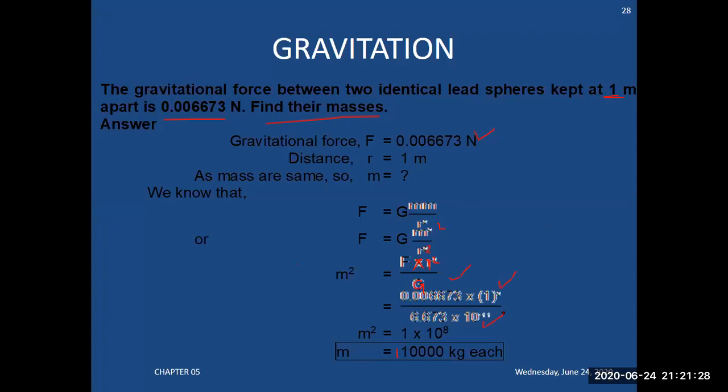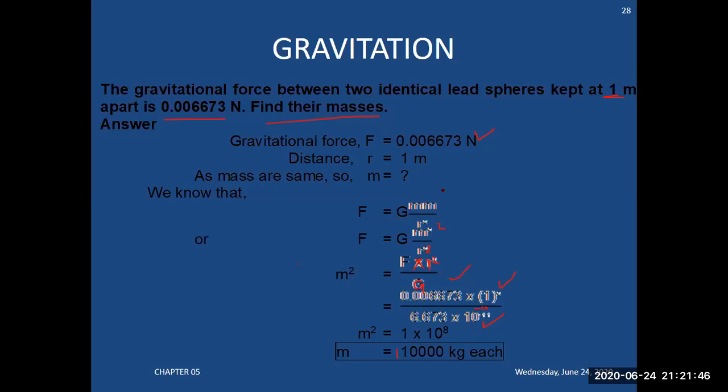The value of G is 10 raised to the power minus 11. Don't mix the two together. You were supposed to calculate the mass, so you take the square root on both sides, and then you get the mass.